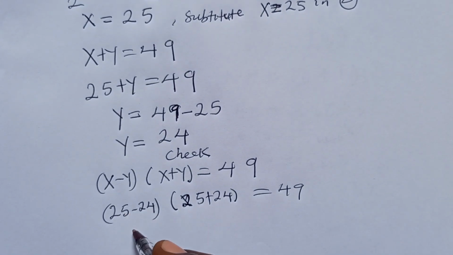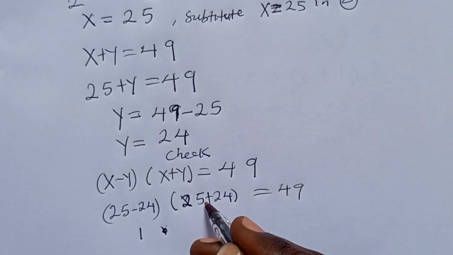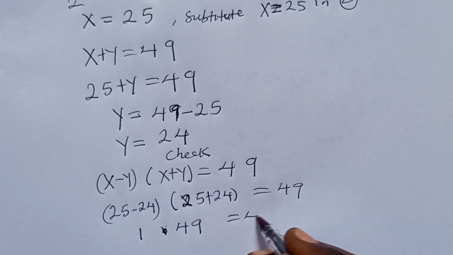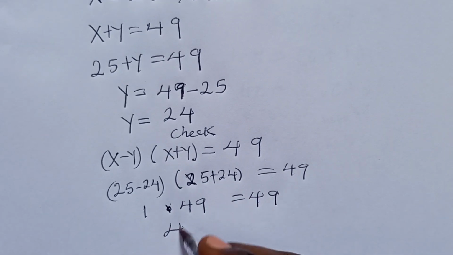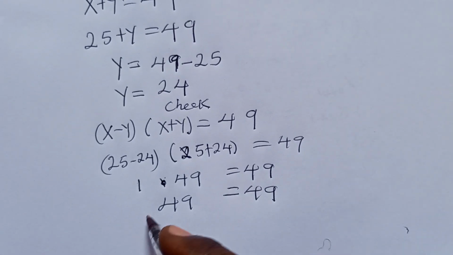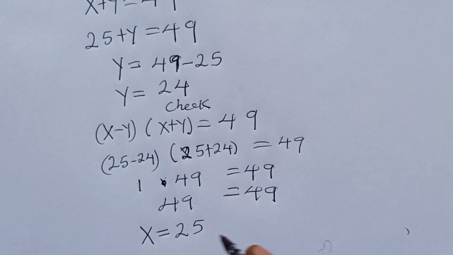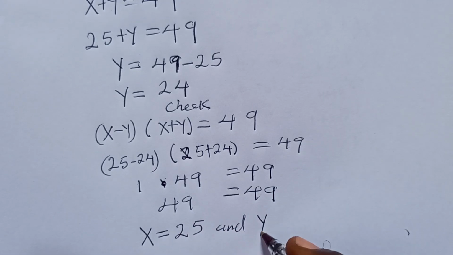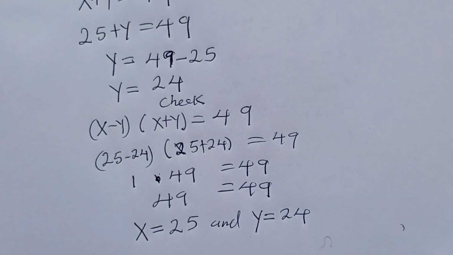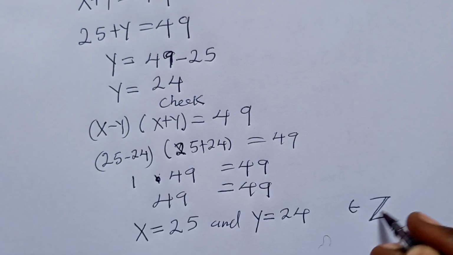So 25 minus 24 is 1, times 25 plus 24 is 49, which is equal to 49. So we can see that 49 is equal to 49 in this case, which implies that for this case, truly x is equal to 25 and y is equal to 24. And note, both x and y are positive integers.